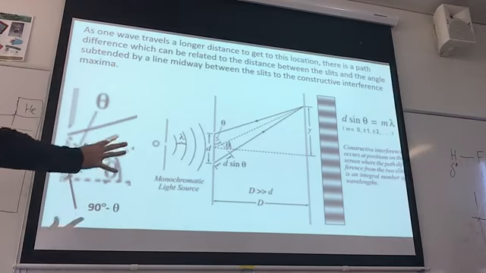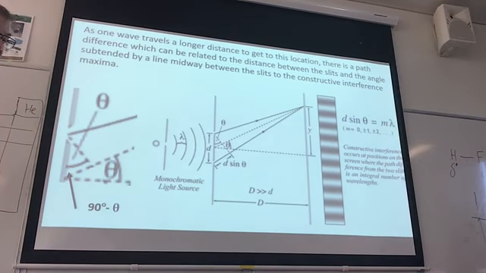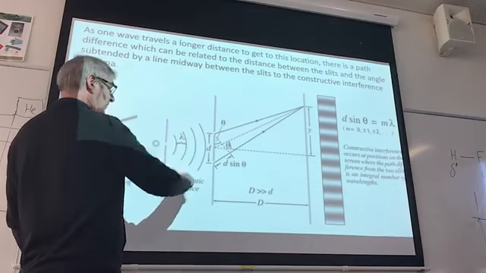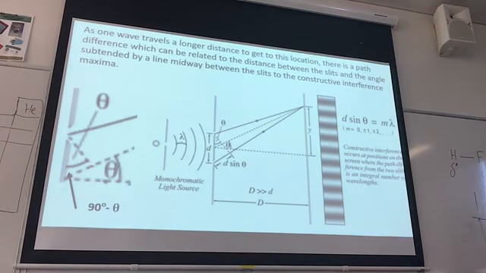So that's the setup of Young's double slit experiment, which we need to be able to explain and be able to draw. When we're drawing these wave fronts, what are some of the things that we need to consider? Equally spaced. What do you mean by equally spaced? The wavelength is the same.